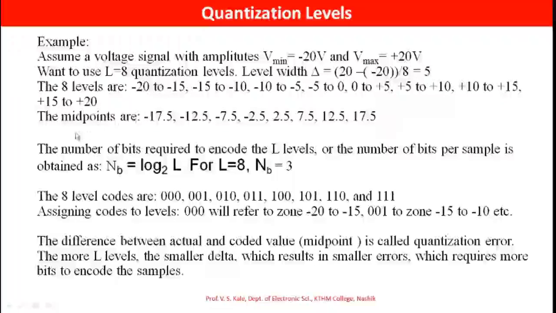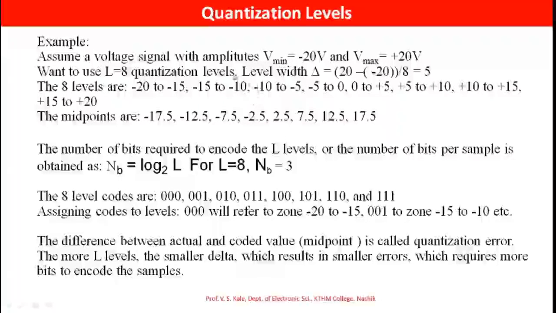The midpoints of all are shown here. The first one is minus 20 to minus 15, both are added and divided by 2, that gives the midpoint, that is minus 17.5.